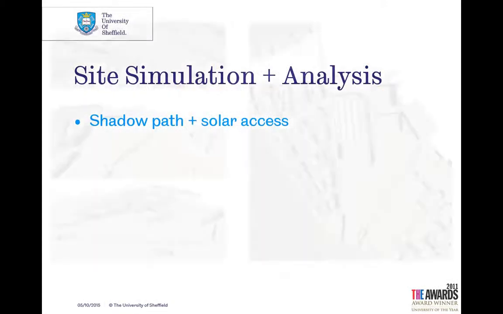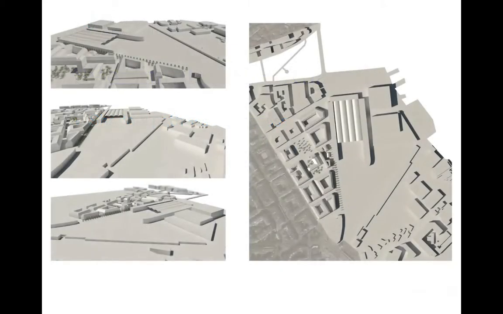Shadow path and solar access. Again, really important that you can simply simulate the shadows cast on your site. In the UK, we do get sunshine. You might not believe me, but it's not always like this. Okay? It's quite often like this. But when the sun comes out, we need to be able to simulate the shadows cast by that sun.